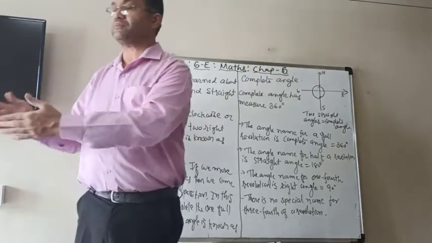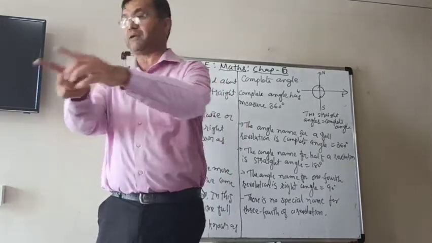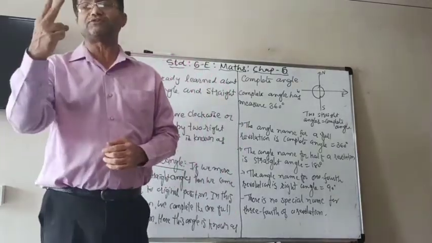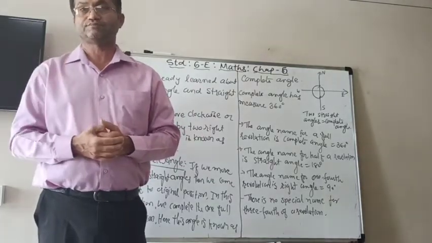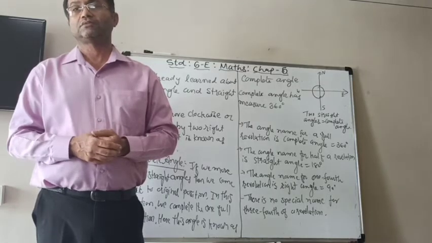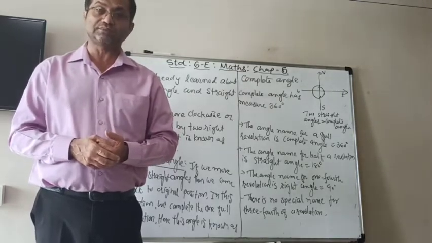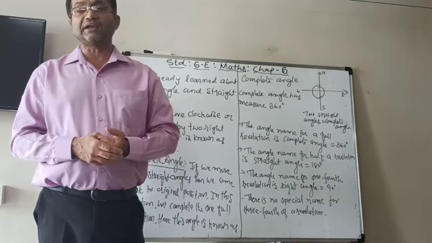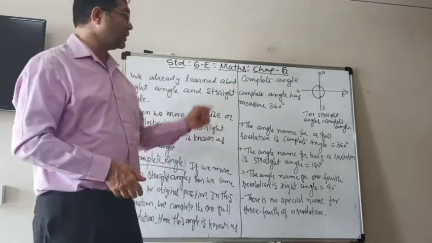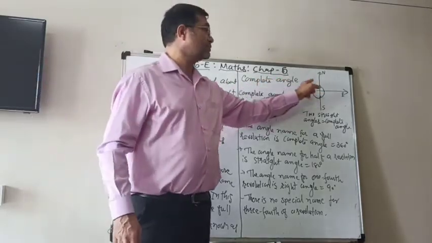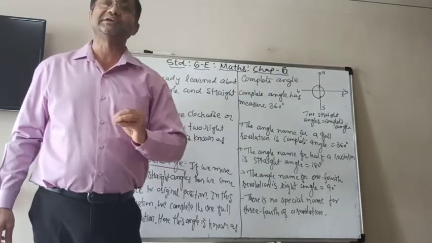Similarly, if you start from east and make one straight angle and another straight angle, that means you move clockwise by two straight angles, then also you complete a full revolution. In that situation, the whole angle made like a circle is known as a complete angle.